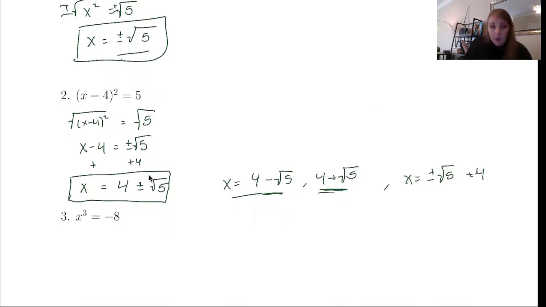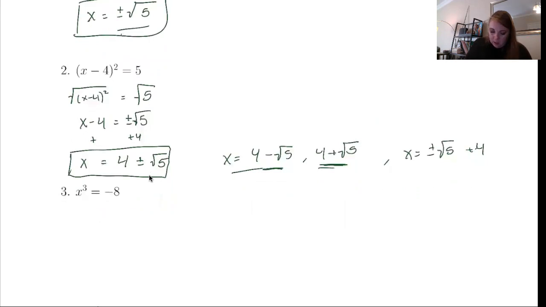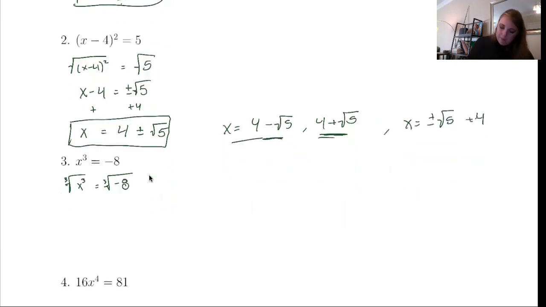Okay, so moving on. So now we have x to the third equal to negative 8. So I'm going to do the cube root of each side. Is it okay if I take the cube root of negative 8?